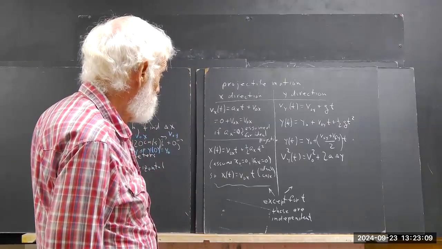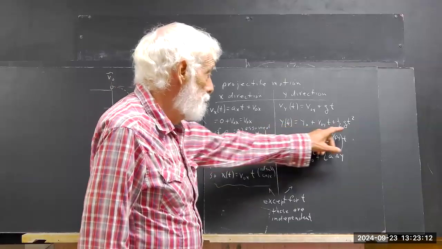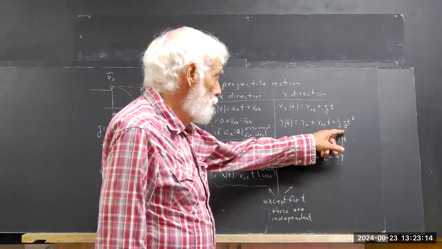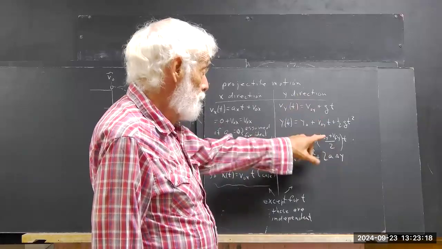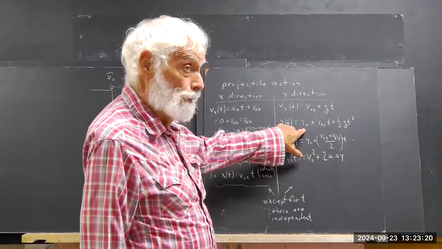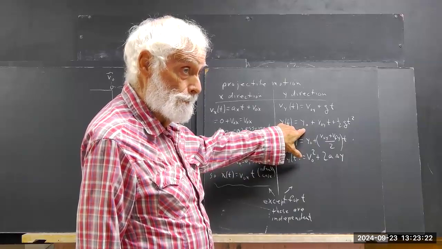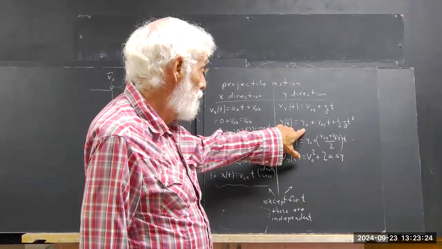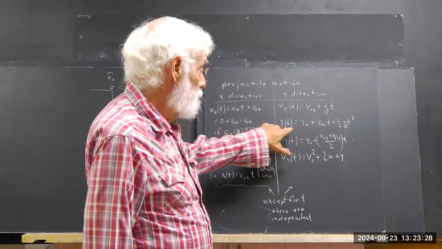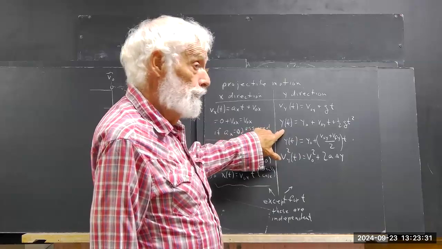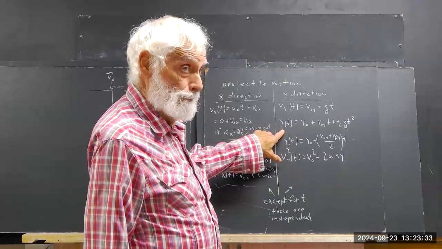But from this one, we know G, we know V naught Y, which is 0, which makes things simpler. We know Y naught, which is H, right? And we know that the Y we're looking for is 0. Okay.